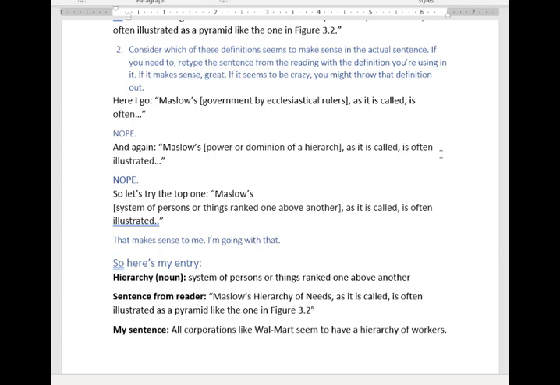I don't think that works. Let's try the first definition. Here we go. Maslow's insert system of persons or things ranked one above another, as it is called, is often illustrated as a pyramid like the one in figure 3.2. That makes sense to me, so I'm going to go with that.